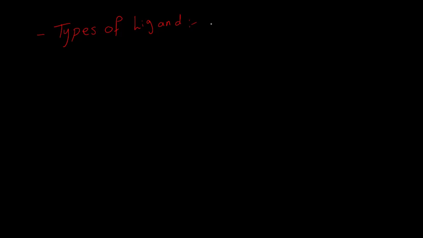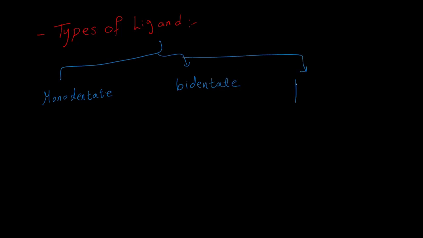Now, let's move on to the types of ligands. Actually, there are three types of ligand, which are monodentate ligand, bidentate ligand, and polydentate ligand. Let's take them one by one.